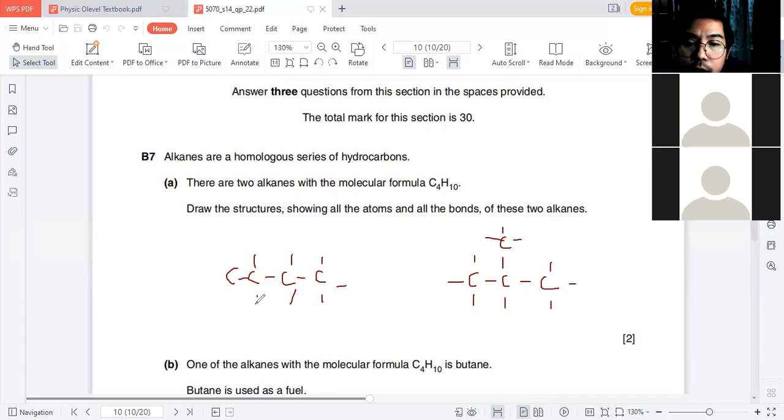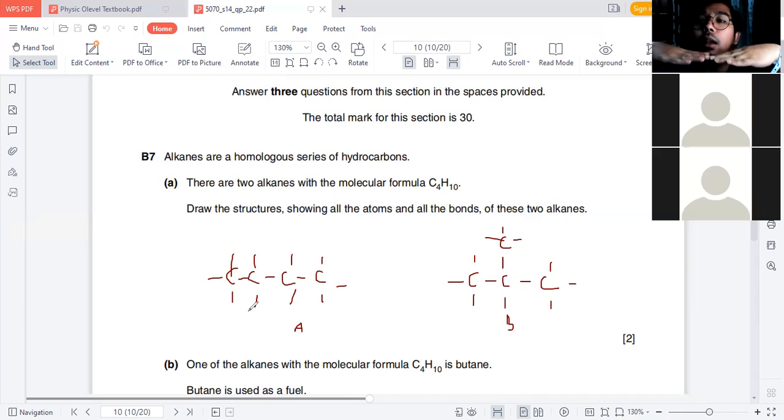Now, they have different physical properties. I'm going to label them A and B. B is a more rounded shape, so it would have a lower melting and boiling point compared to the flattened one.